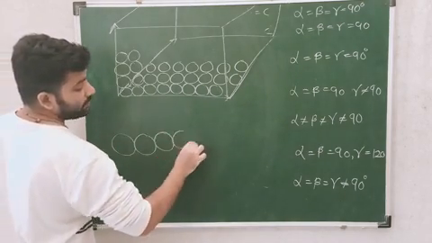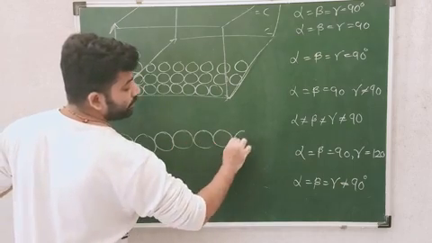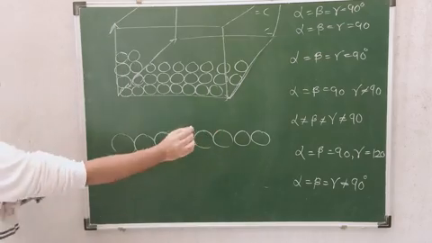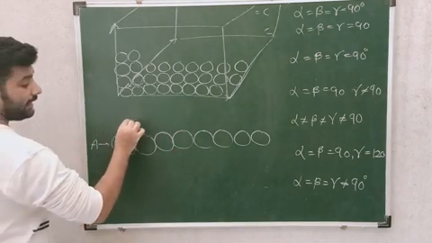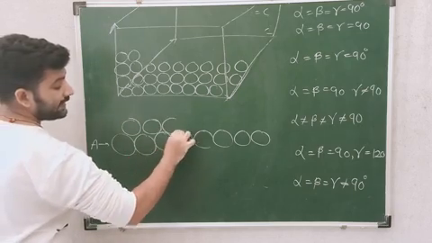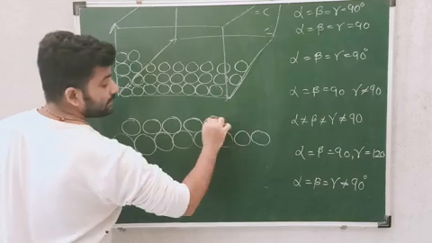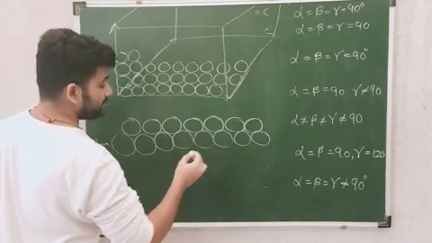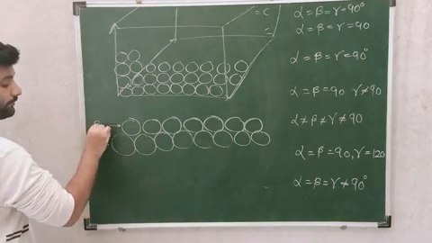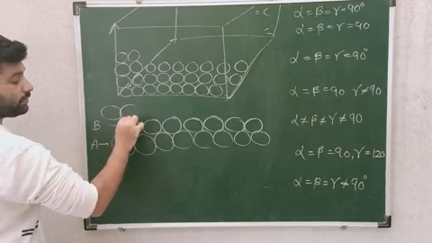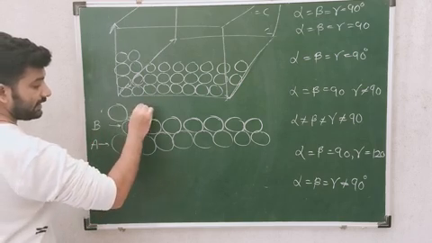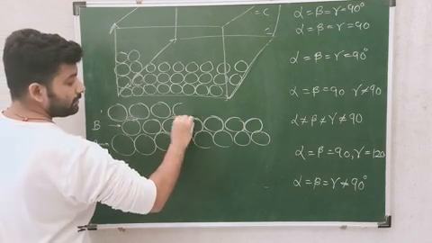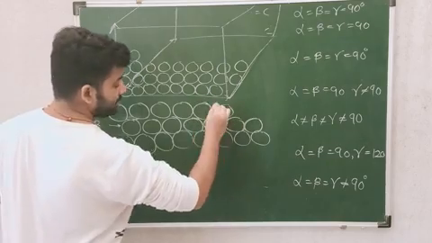AB type, I am now showing AB type 2 dimensional arrangement. These are the atoms having A type, and B type means what? The atoms will be placed at the void spaces which are present over here. Okay, now next will be over here where the atoms will be at the central part of the atoms.